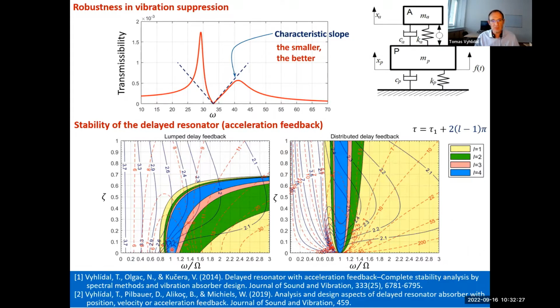In the graphs, you also see contours of the robustness, which deteriorates when the excitation frequency gets quite far from the passive absorber natural frequency.